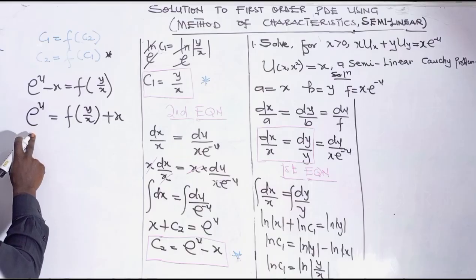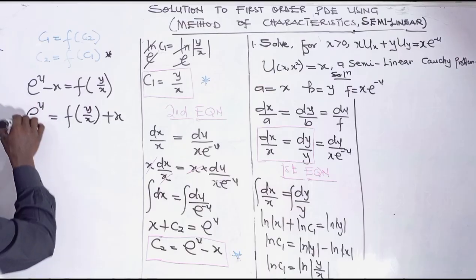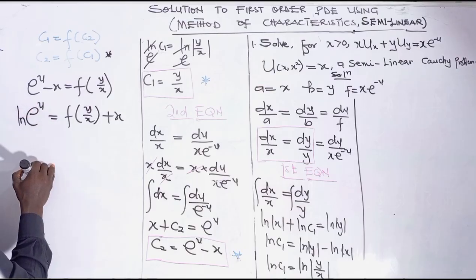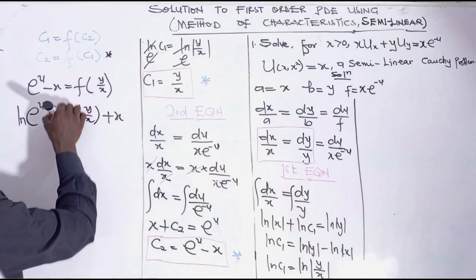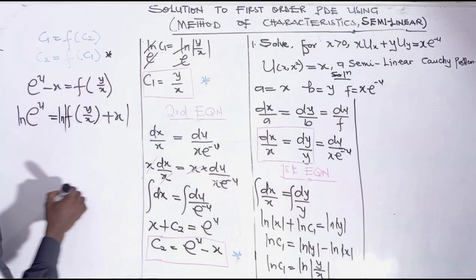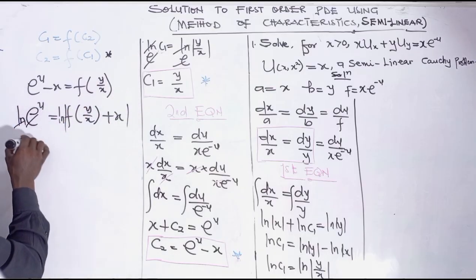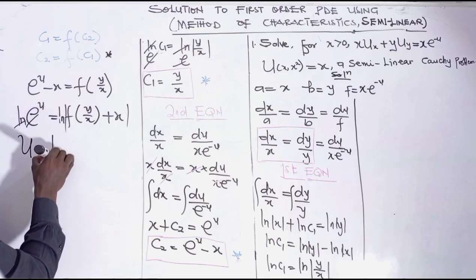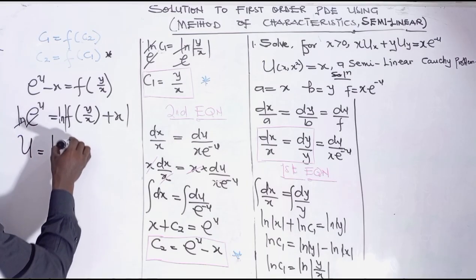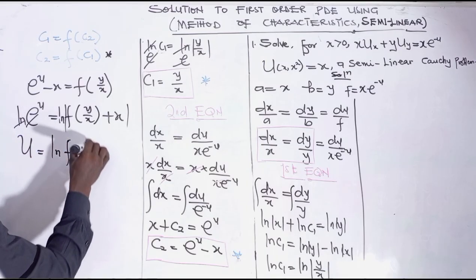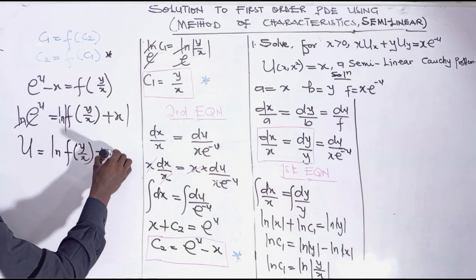We are making u the subject and we have e on the u, so let's take the ln on either side of the equal sign, so that this ln cancels the e. We are left with u is equal to ln f of y over x plus x.